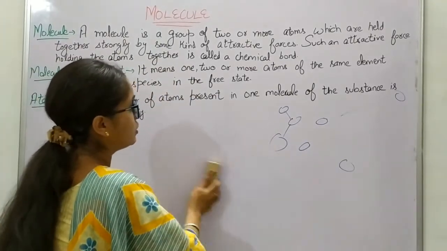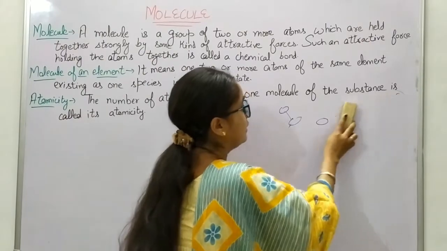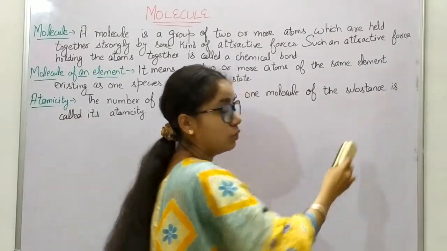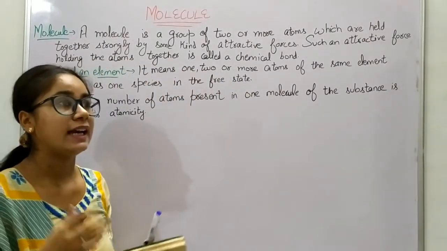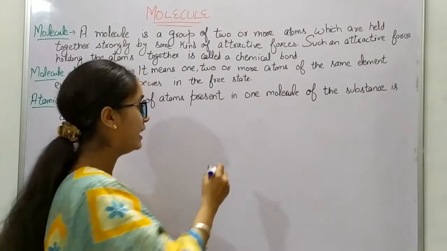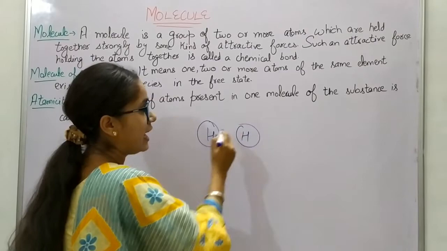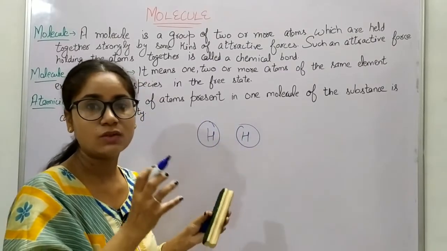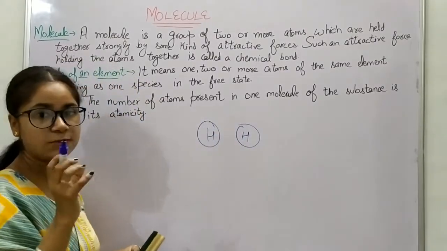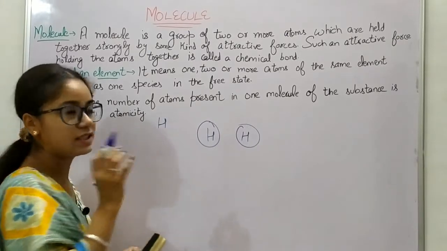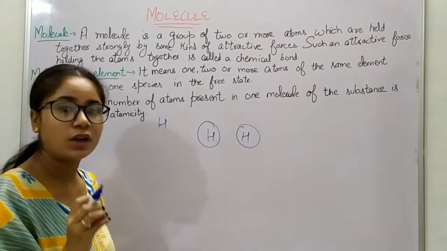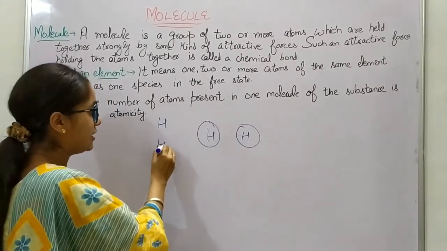Now, what are the examples of molecule? Like H2O, molecule of H2O, water. Okay, H2. You see, hydrogen and hydrogen. An atom of hydrogen is written as a single H, but a molecule of hydrogen is written as H2.